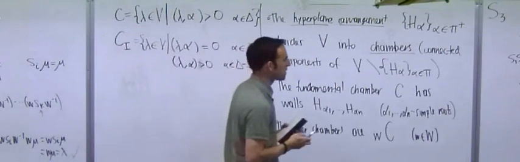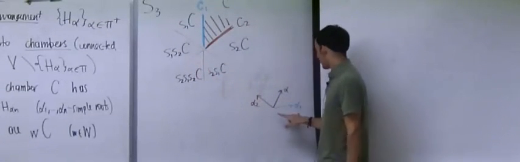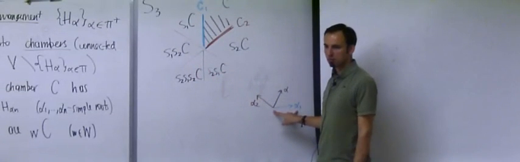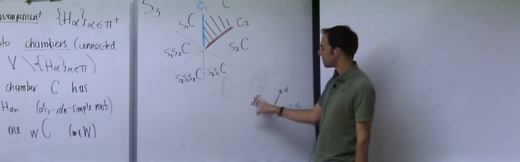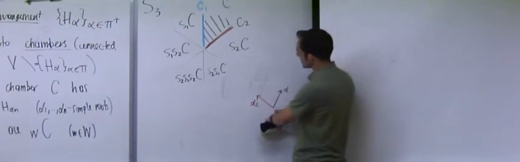So let's go to this picture and make sure that this matches up. C1 is supposed to be the set of points in my vector space such that their product with alpha 1 is 0 and with alpha 2 is positive. Okay. So if your product with alpha 1 is 0, that means you're on this line.